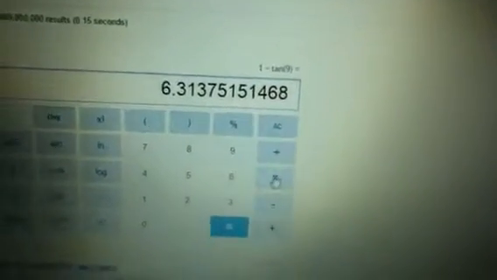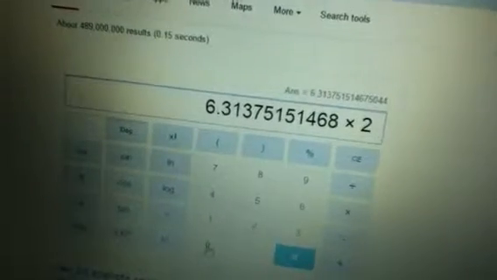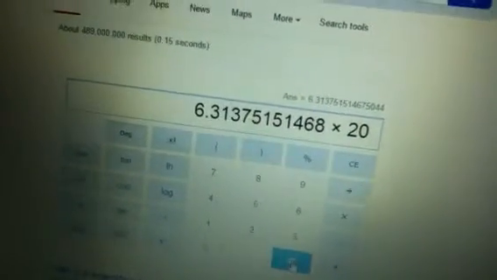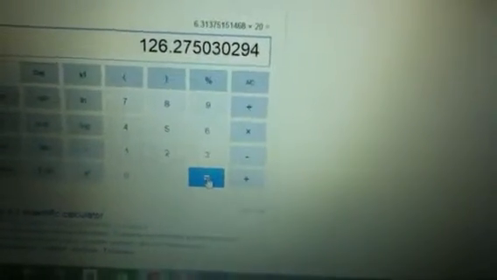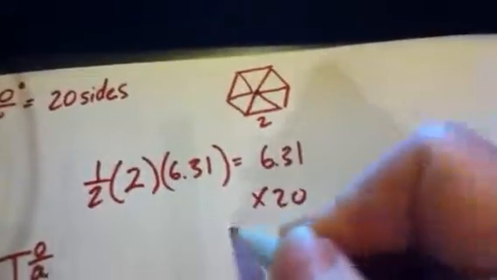So then I can just multiply it by 20, and I got that number. So that's actually my answer. That's just going to be 6.31 times 20, which is 126.28-ish.